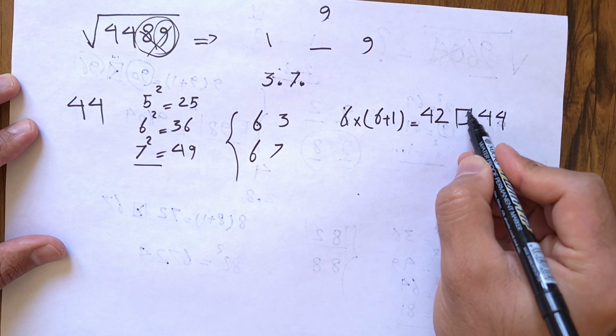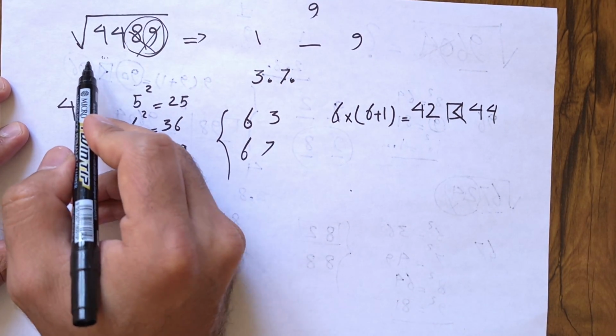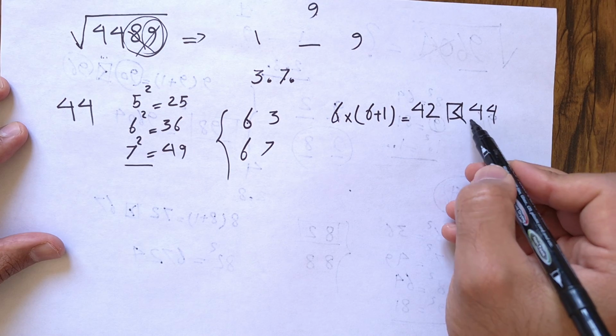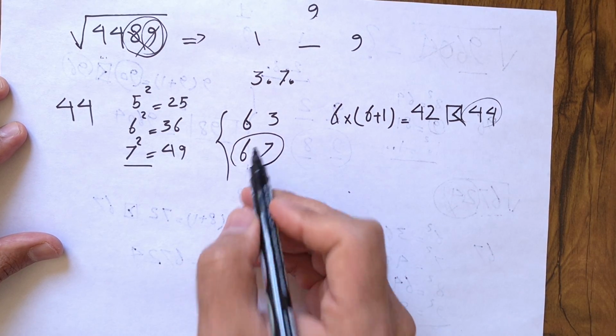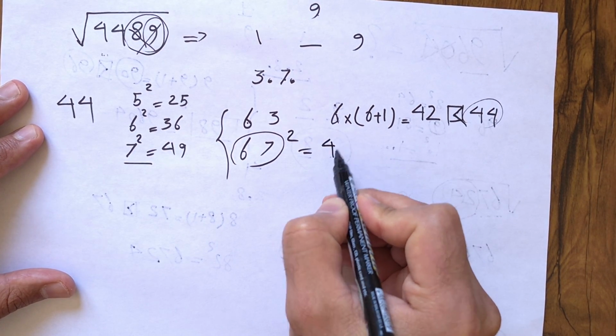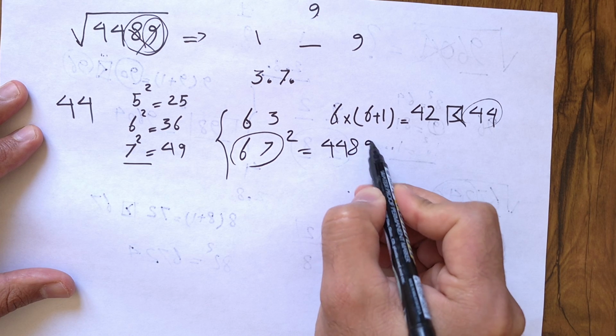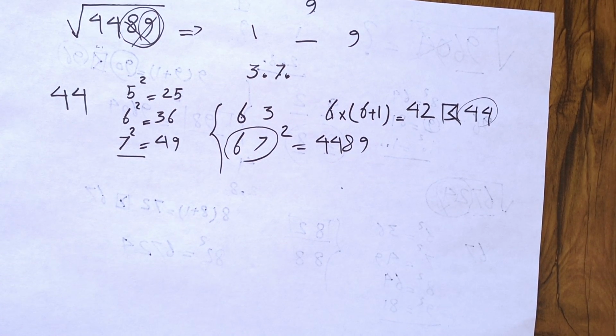So 44, our original number, is bigger than 42. So we need to choose the bigger number, 67, not 63. So 67 squared is 4489.